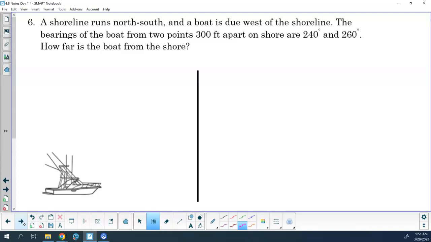Now, we're going to set up this problem, and this problem is going to be due tomorrow at the beginning of class for you. It's your homework for this evening. Okay? So a shoreline runs north and south, and a boat is due west of the shoreline. That's key, because now what do we have?